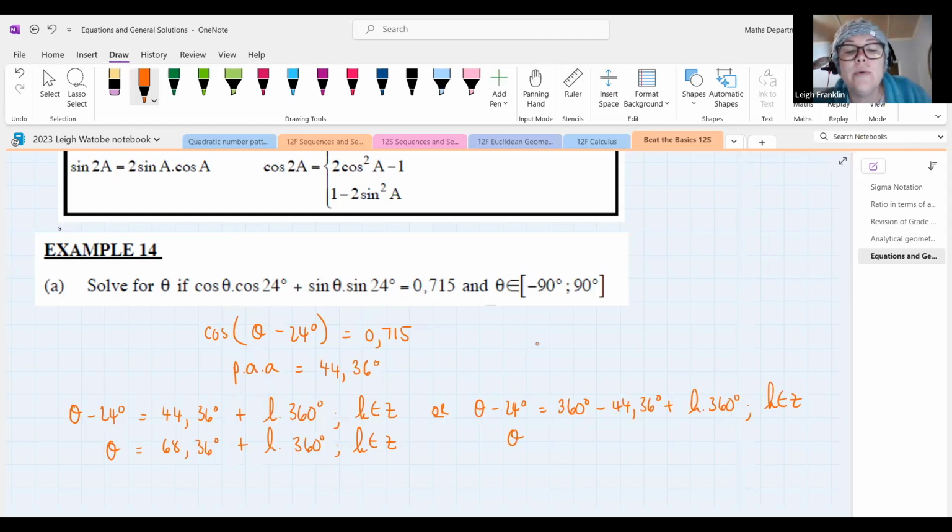And again, we would need to collect our like terms. And we end up with 339,64.